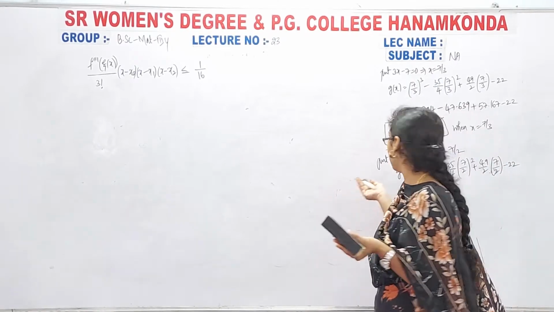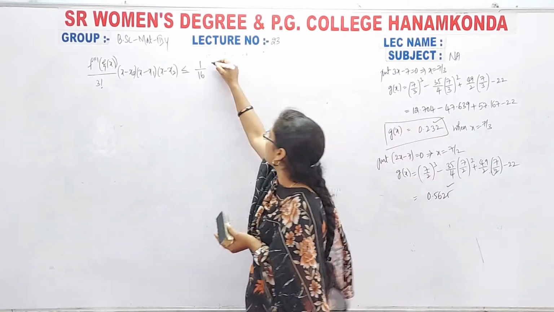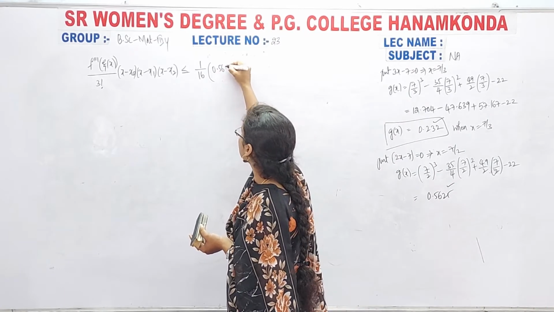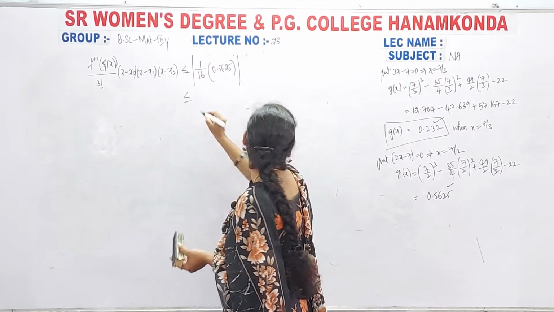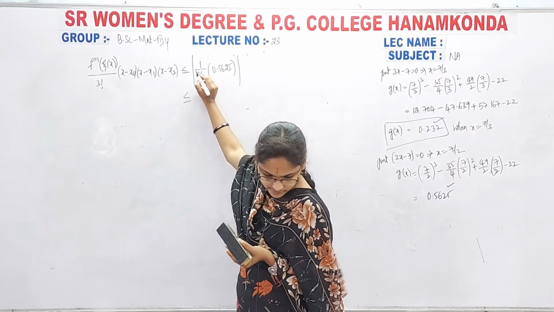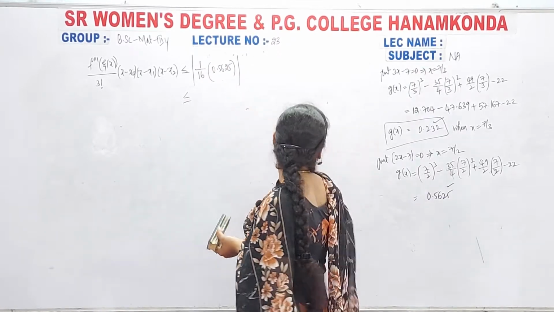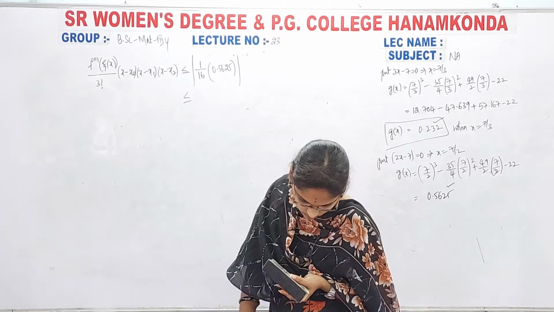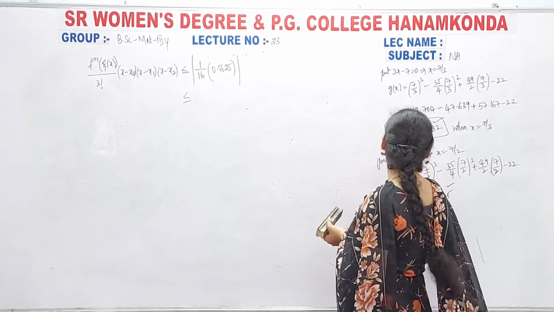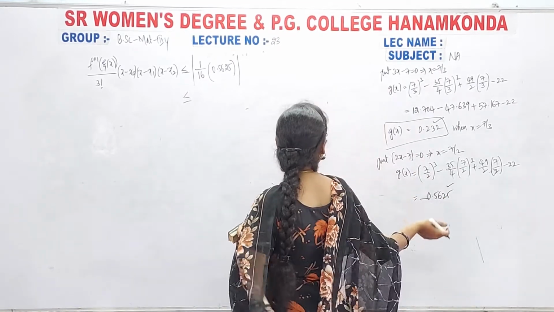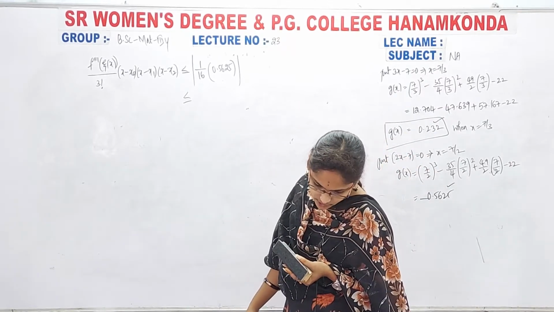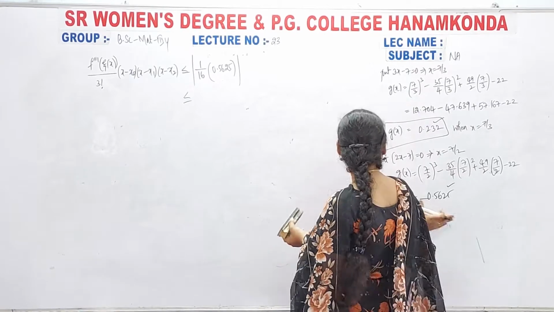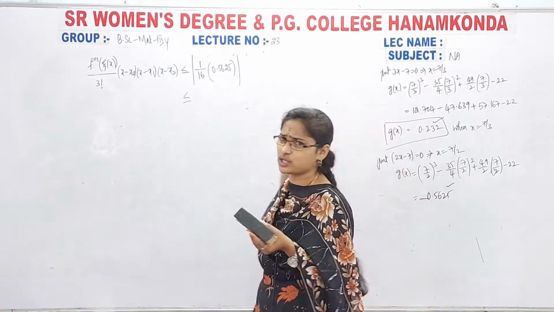I am taking here also the maximum value, that is nothing but 0.5625. And here we have, yeah. So it is minus, here you will get minus. So now here what we have, 0.232 and 0.5625. So here I am taking this value, you can take this one also, there is no problem.